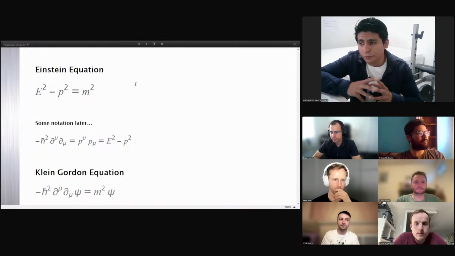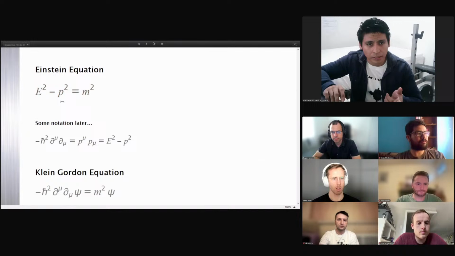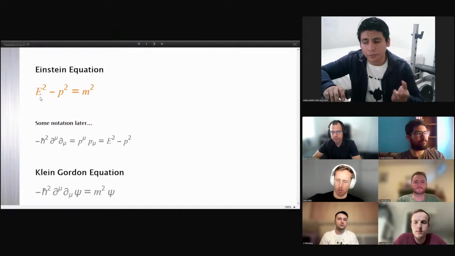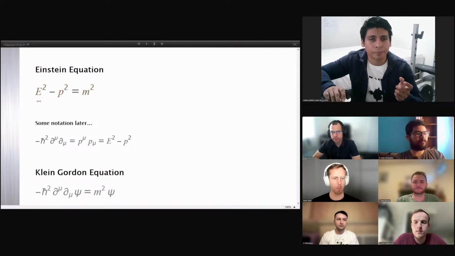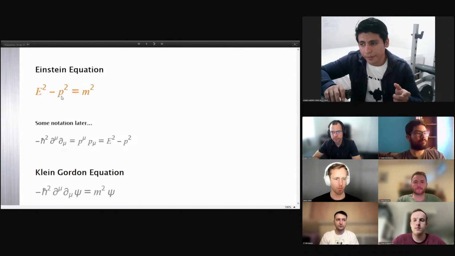If we start with the famous Einstein equation telling us energy and mass are the same, we can promote these physical magnitudes to operators in the usual way that we did in quantum mechanics. We can identify the energy operator with one differential operator in time, and the momentum operator with one differential operator in space.